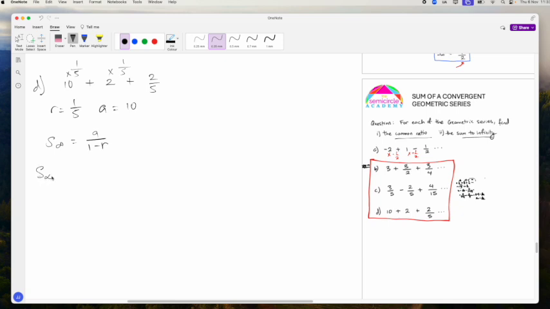The sum to infinity is going to be 10 over 1 minus 1 over 5, which is 10 divided by 5 over 5 minus 1 over 5 is 4 over 5, which gives us 10 multiplied by 5 over 4. And of course, 2 2s are 4, 5 2s are 10, 5 5s are 25 over 2, which is about 12 and a half.